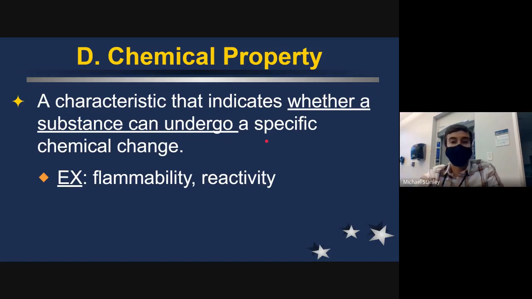They are very safe to work with in that respect. So certain things, their chemical properties are that they're very flammable and very reactive. Other things are not flammable and not very reactive. Other things fall somewhere in the middle. But a chemical property just describes how easily or how willing a chemical will go through a specific type of chemical reaction.